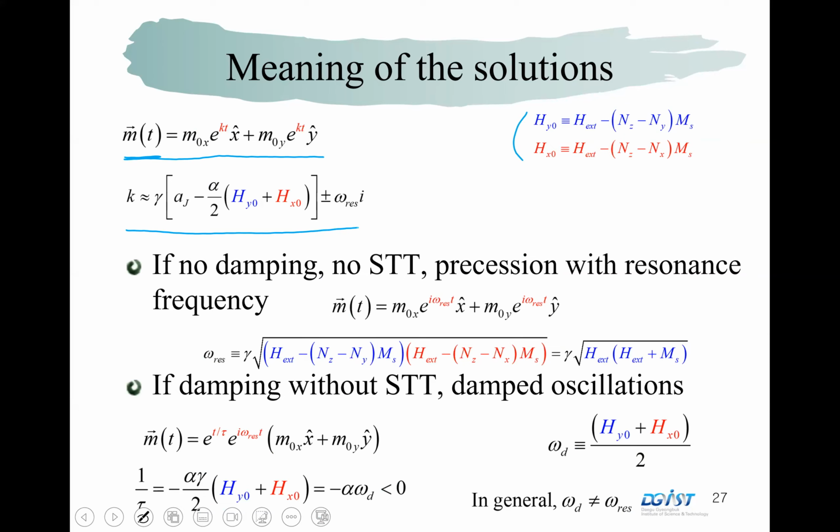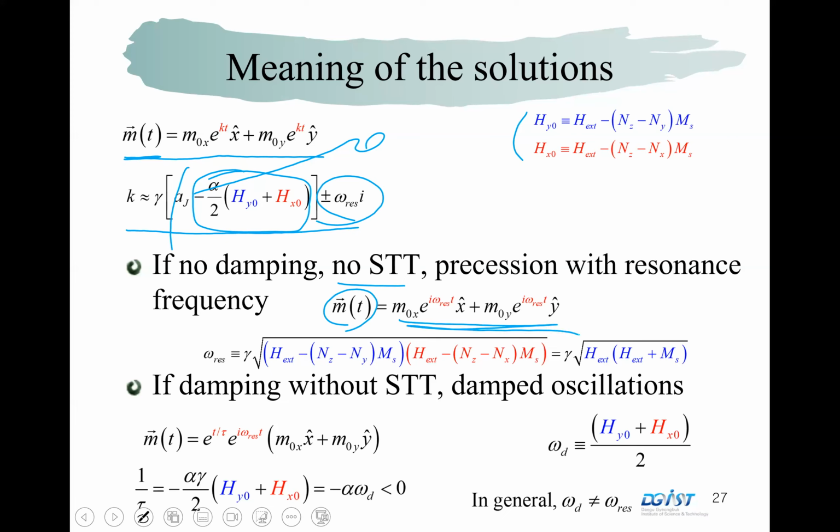Okay. So simply say if we don't have any damping, let's say this is going to 0, and also if we ignore the STT, only the imaginary part survives, then the M just precesses with this frequency.